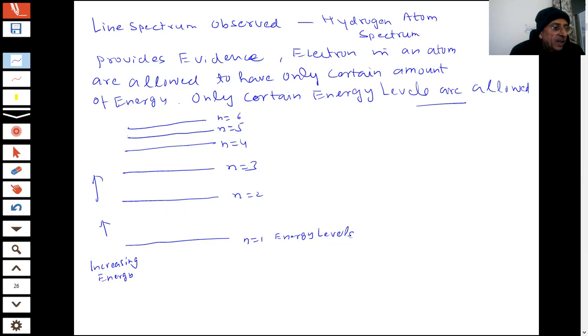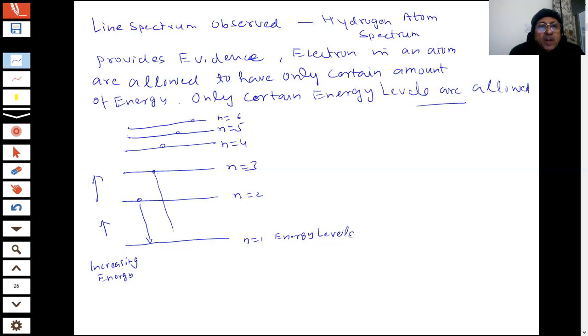Okay? So what happened? When energy was given, electrons got excited. Electron is excited, student. After excitation, where are the electrons? These electrons are present here, here, here, here, excited to different energy levels. They fall back.